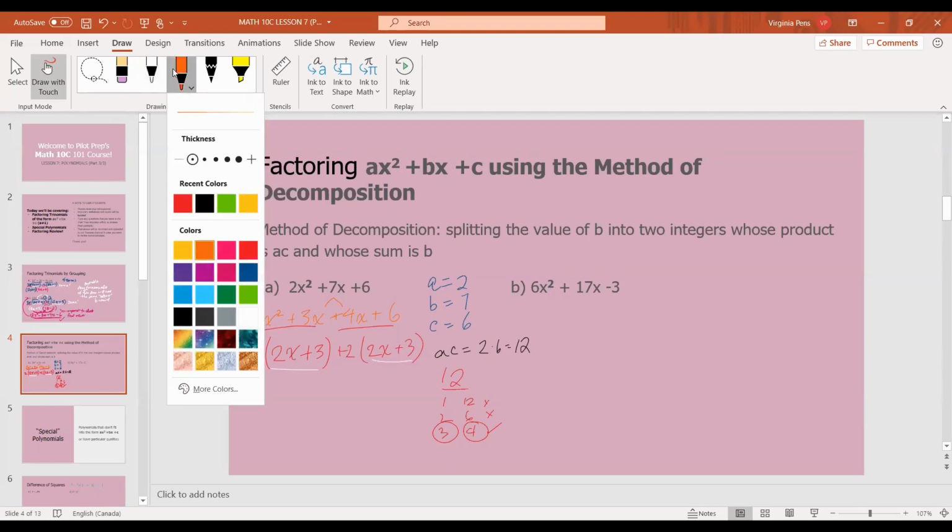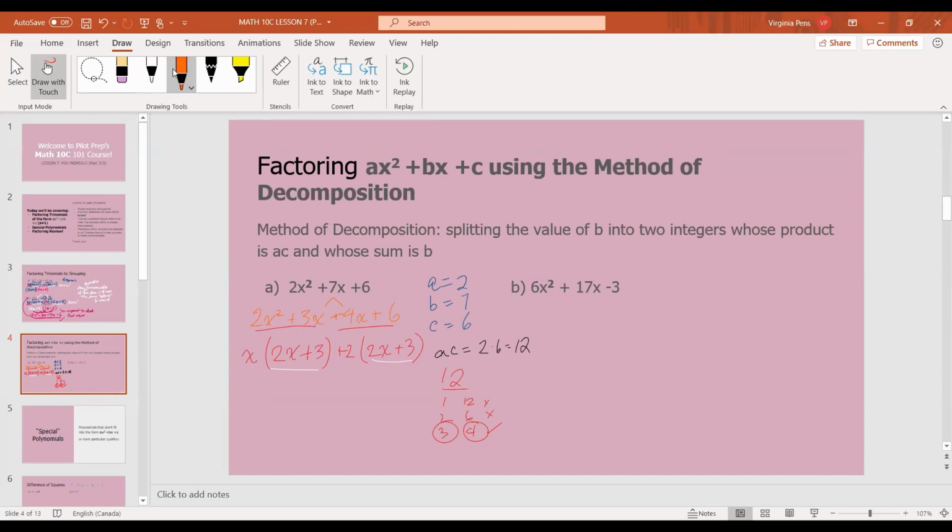So what we're left with, if we take out the 2x plus 3, is 2x plus 3 times x plus 2. And that is our final factored form.